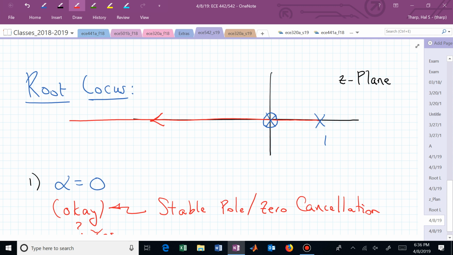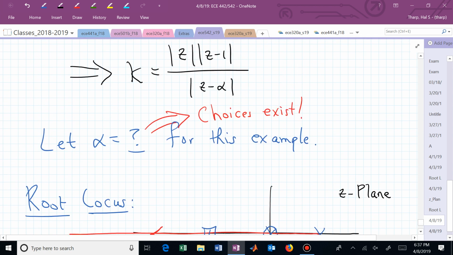How big can we make k? What are we looking for? We want to know what k pushes the poles on that root locus outside the unit circle. And the place that goes beyond or outside the unit circle is when we get to minus 1. And what's our expression for k?